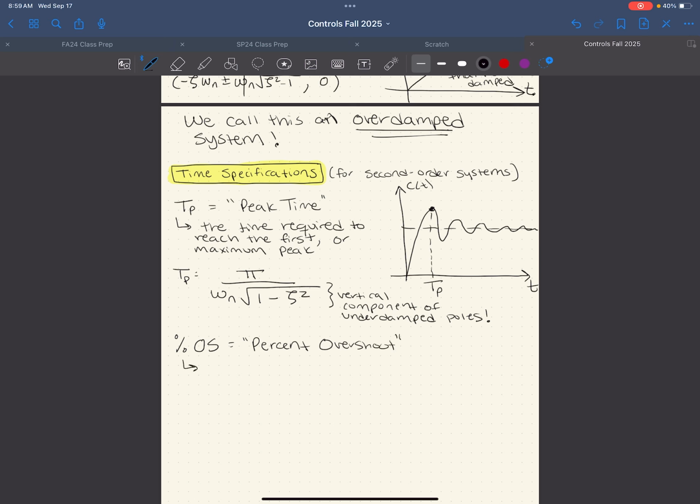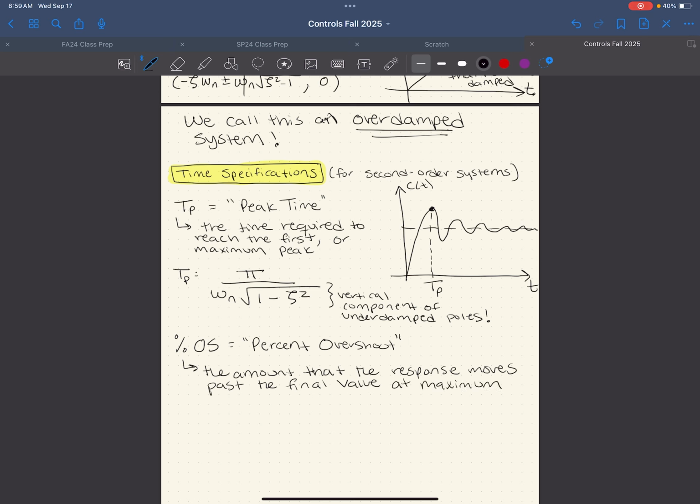In words, this is the amount that the response moves past the final value at maximum.